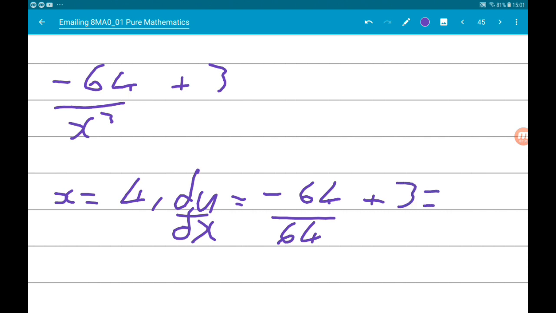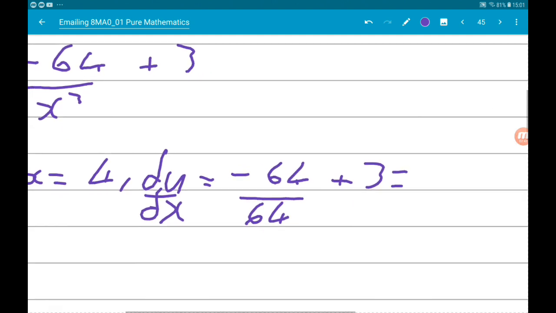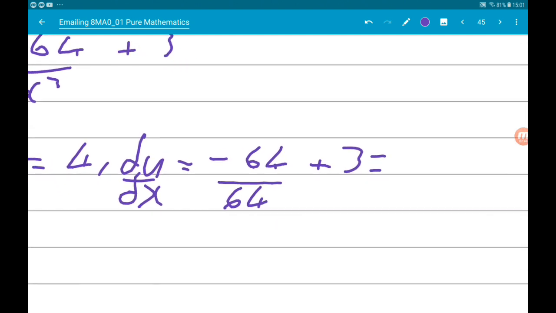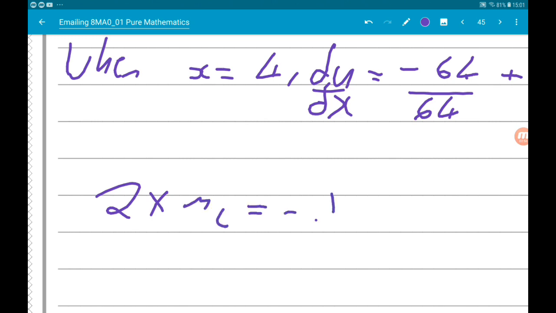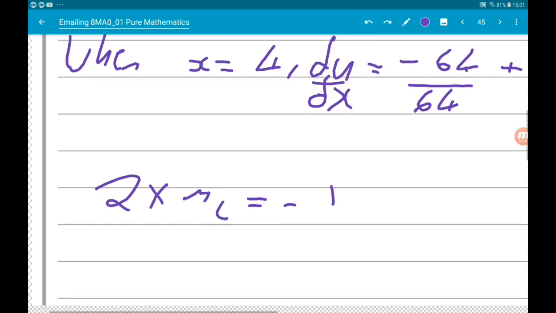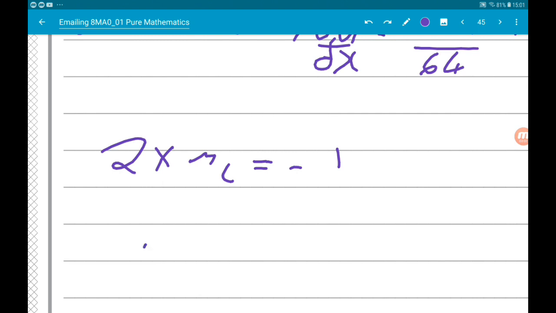Minus 64 over 64 is minus 1. Minus 1 add 3 is 2. So we now know 2 times the gradient of L is minus 1. So the gradient of L is minus 1/2.